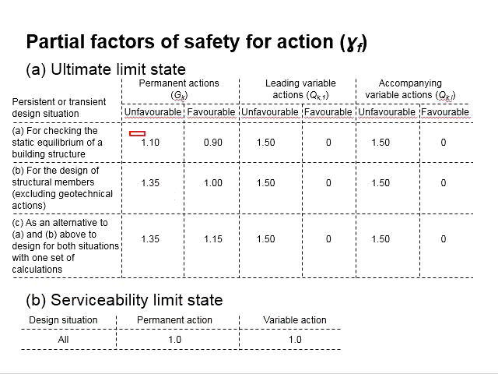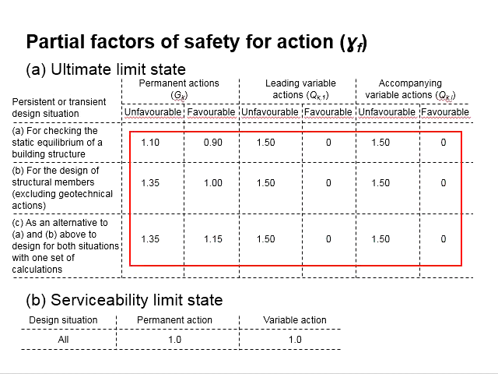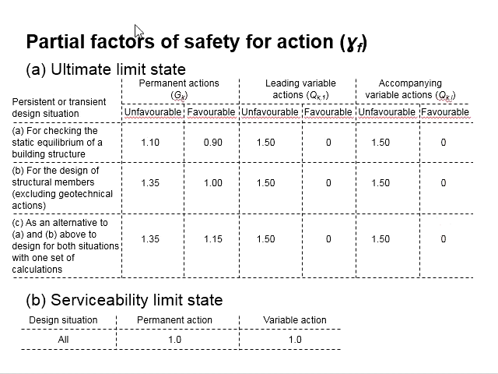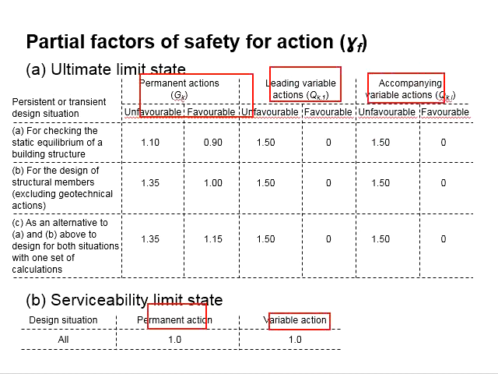As for the ultimate limit states, the partial factor of safety may not necessarily be 1.0. Under certain conditions, it can be equal to 0. From the table here, you will see a few terminologies: the permanent action, the leading variable or variable actions, and accompanying variable actions.